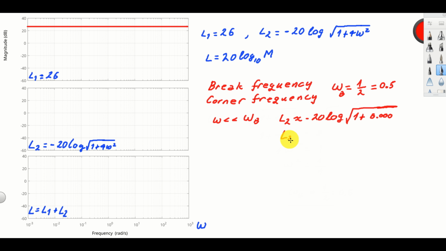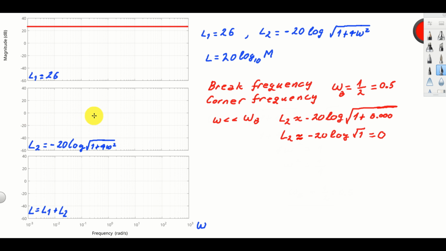L2 can be approximated as minus 20 log of square root of 1, and this is equal to 0. That is, when our frequencies are much smaller than the break frequency or the corner frequency, our L2 is 0 in this graph, and this is an asymptote.